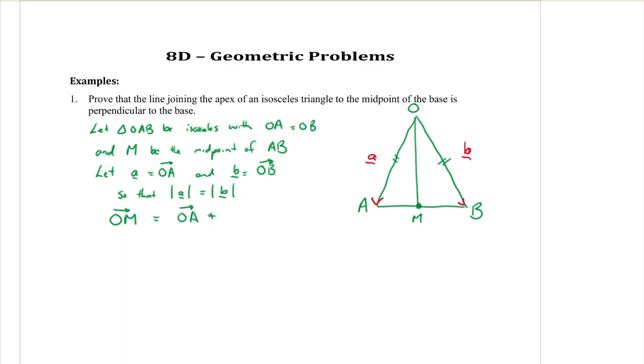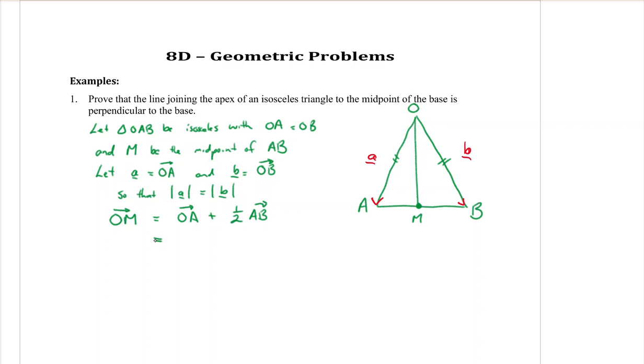I'm not going to write AM because I don't know an expression for AM, but I could get one for AB. So OM is equal to OA plus half of vector AB.